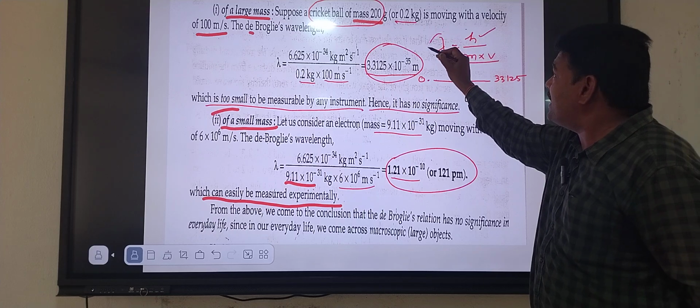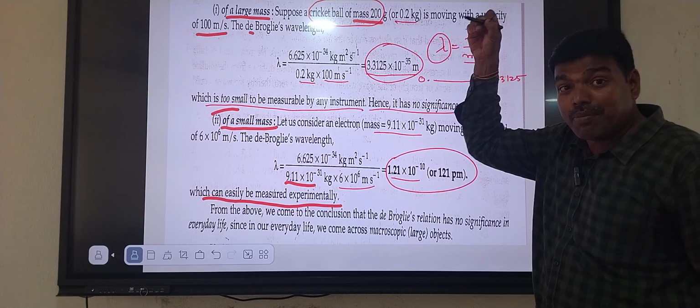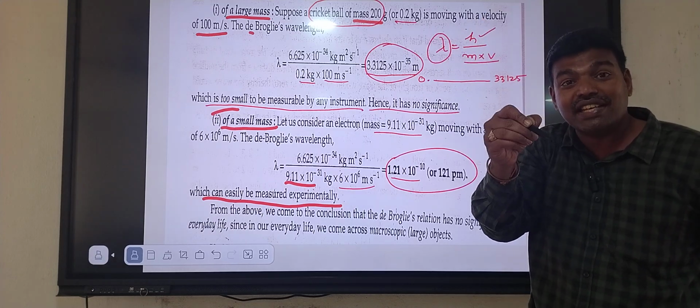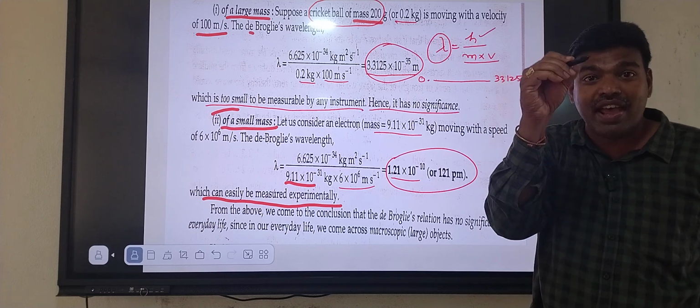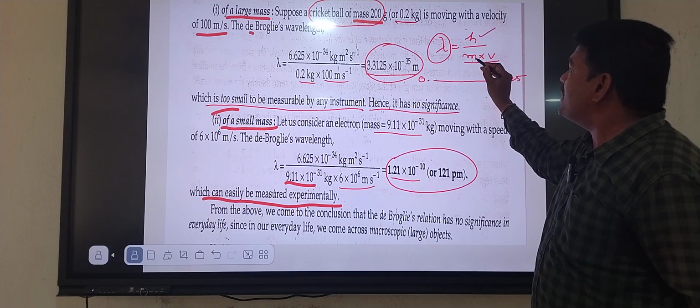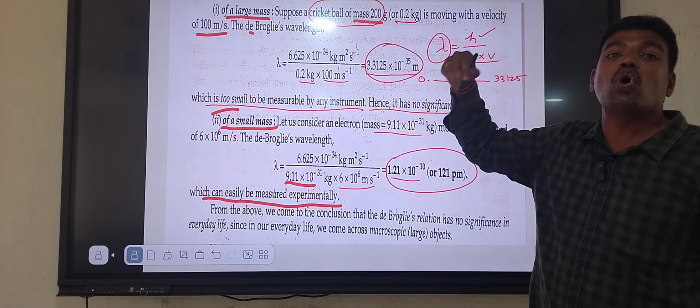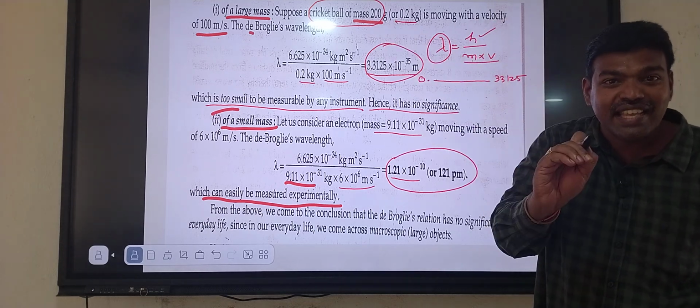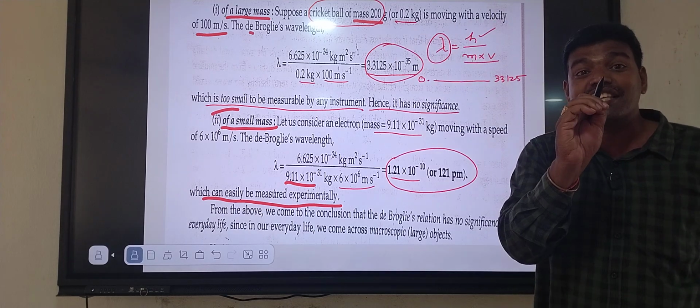A fraction gets a considerable value only when the denominator value is less than the numerator value.